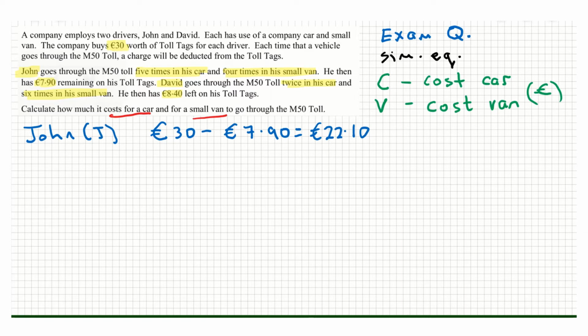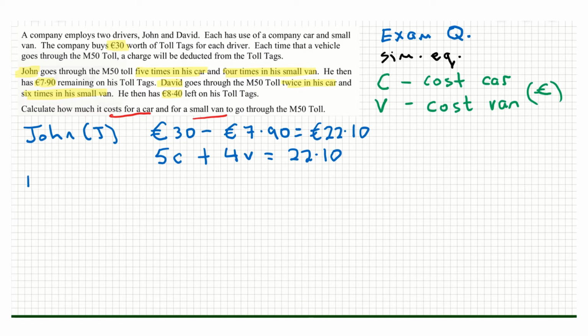Okay, so John goes through 5 times in the car, so that will be 5C, the cost of the car, 4 times in the van plus 4V. The cost of that is 22.10. We're going to drop the euro sign for a while, just keep it as numbers.